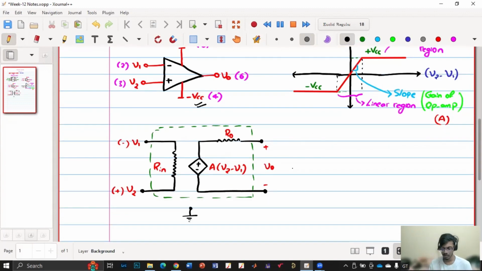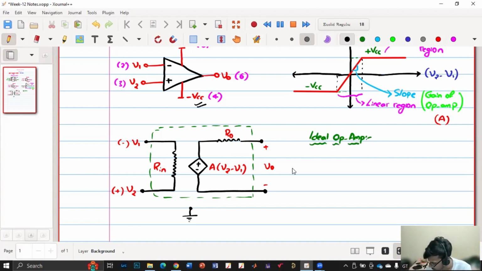V1 is with respect to this ground, V2 is with respect to this ground, and similarly V0 is with respect to this ground. If it is a non-ideal op amp, then it has some finite R in, gain, and R naught. What if I consider an ideal op amp? What is the condition that needs to be met so that we can say it's an ideal op amp?